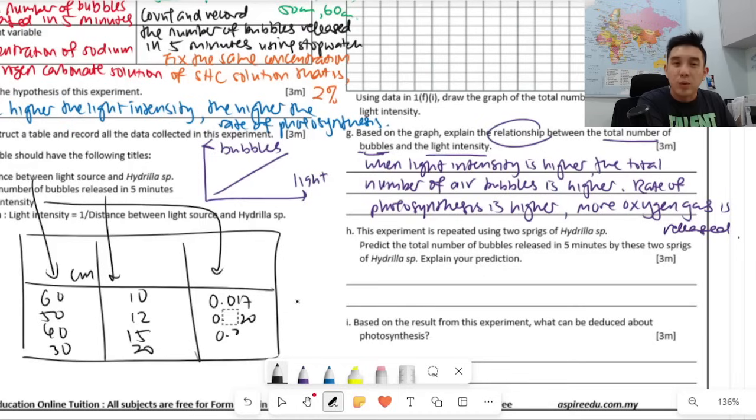Sometimes it takes a while to cool down and then continue. Okay, done. So 0.20, 0.25, 0.033. Okay, 0.0033, and the unit is per cm.